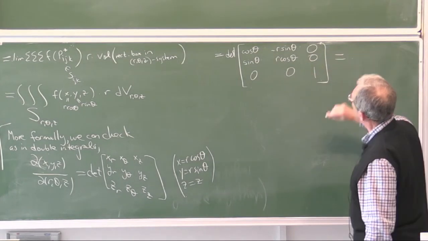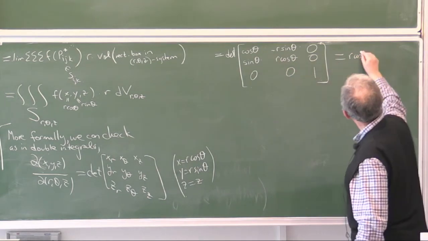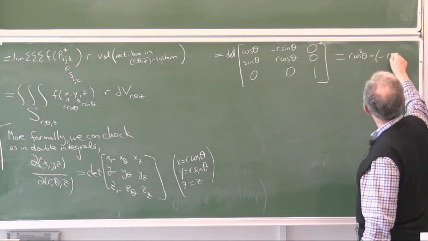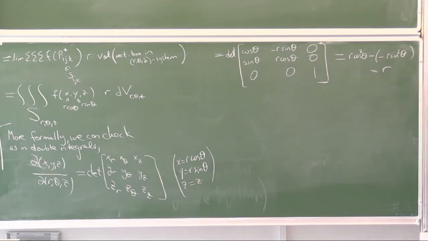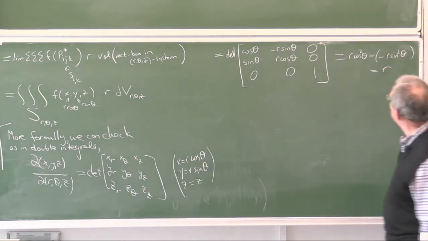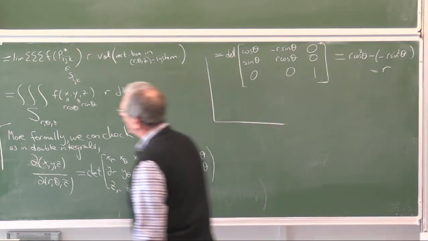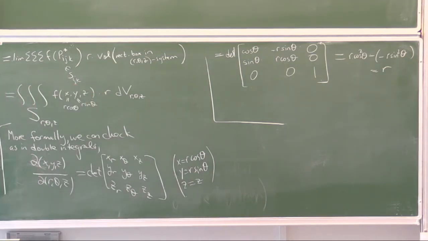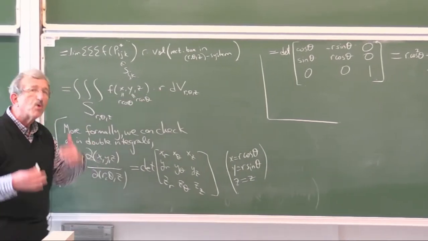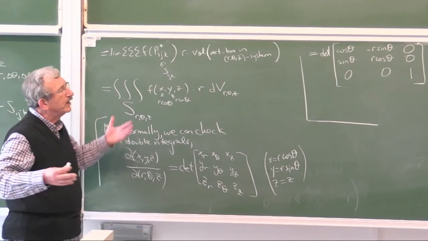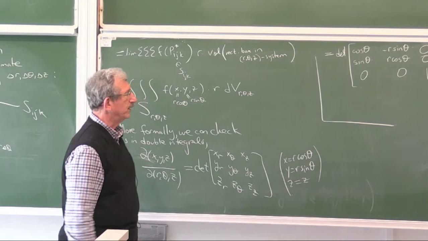And this determinant would be r cosine squared theta minus (minus r sine squared theta), which is just r. And it's positive, so we don't have anything to do for extra. So this tells us that also formally, indeed, this factor which comes in the cylindrical coordinate system is just r, but we expected that because this is not too different from the polar transformation.